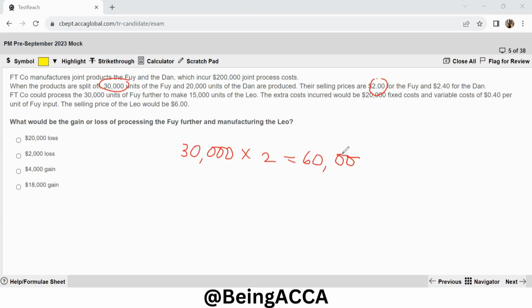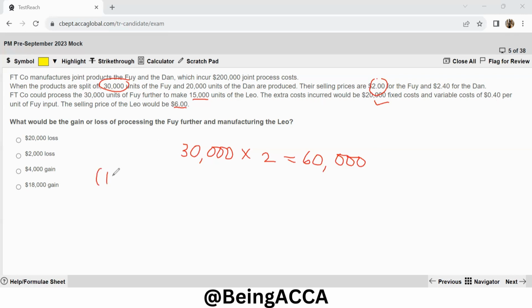So this is the amount of revenue that I'm going to be losing. Now, if we are further processing, what will we earn? Let's compare it with that. So we will be able to make 15,000 units of LEO and they will sell at $6 each. And let's subtract our costs also from over here. We have fixed costs as 20,000 and 0.4 per unit will be our variable costs. So let's see what will be the net effect of the further processing.